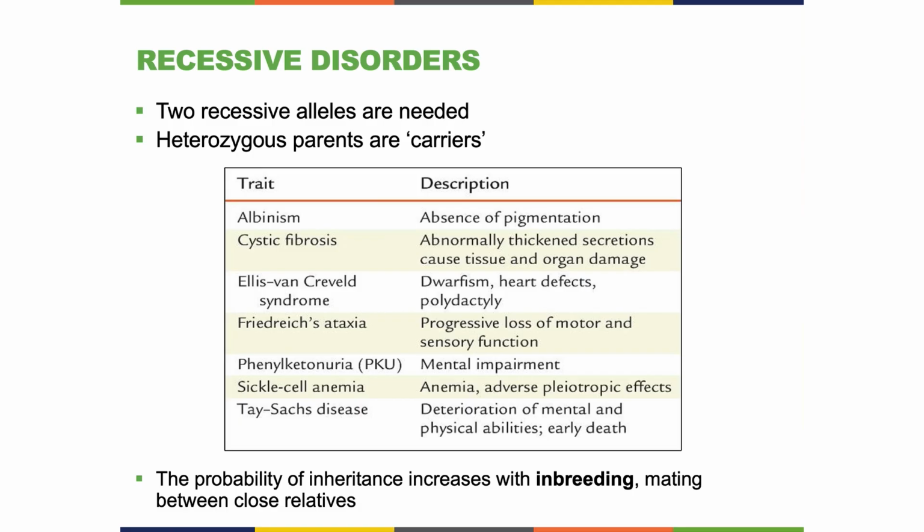And then Tay-Sachs disease, which is related to abnormal lysosomes, which can lead to early death and deterioration of mental and physical abilities. Because these require the parents to both contribute a recessive allele, the more a population inbreeds, the more likely that the increase of these disorders will happen.